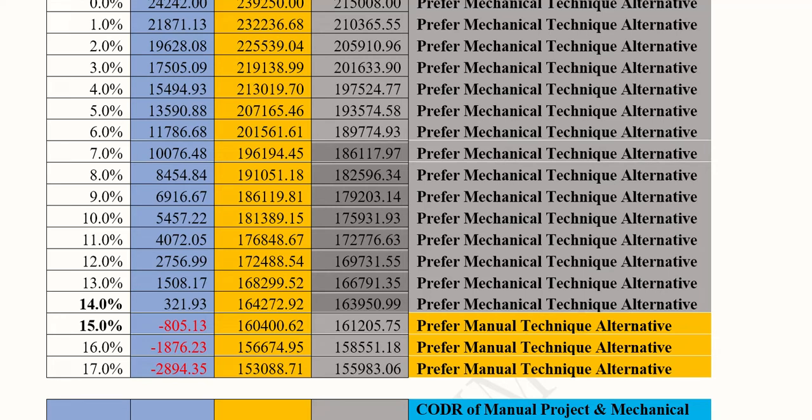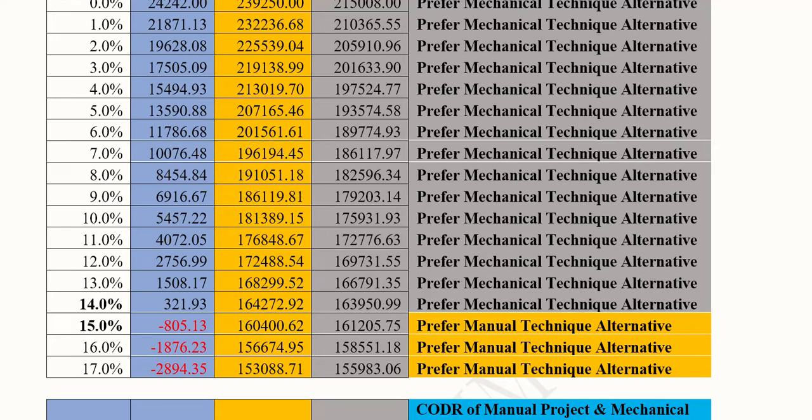And when you compare these values with these values in orange color, they are for the manual technique. So clearly we can see that all these values are greater as compared to that of the mechanical technique. So the mechanical technique seems to be cheaper as compared to the labor intensive technique.